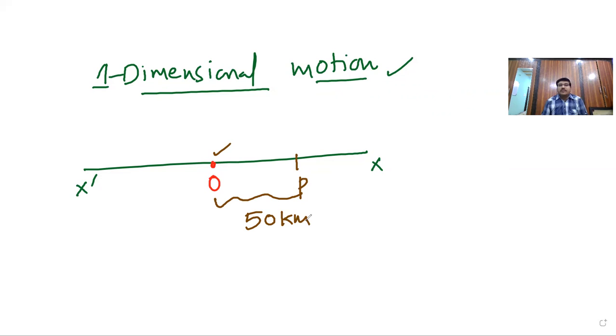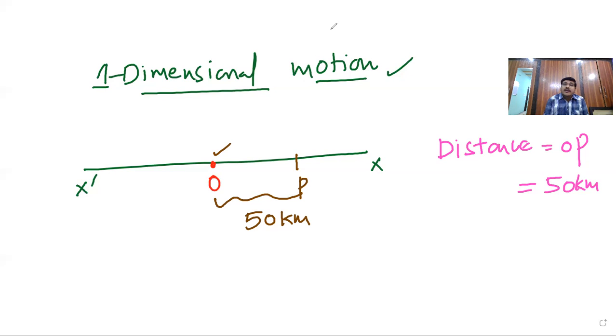The object has moved from O towards the positive x-axis to point P. And what is the distance? OP is the distance. The path length traveled is 50 kilometers. Here I am writing: distance OP is equal to 50 kilometers.